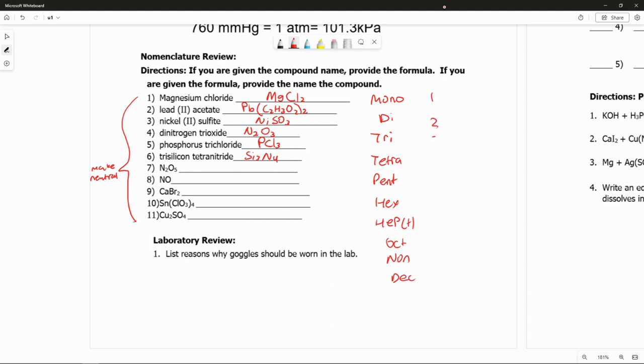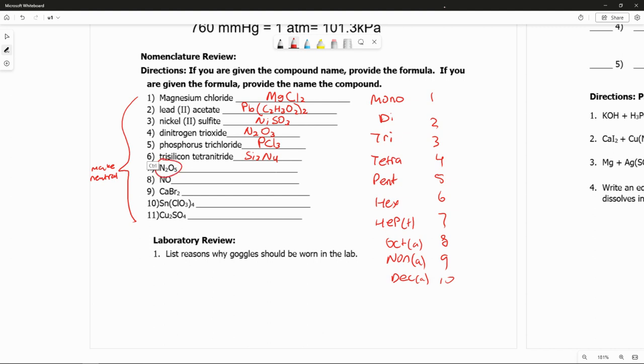So 1, 2, 3, 4, 5, 6, 7, 8, 9, and 10 respectively. I will keep that on there. It can be either non-a or dec-a as well. Octa, nona, deca.